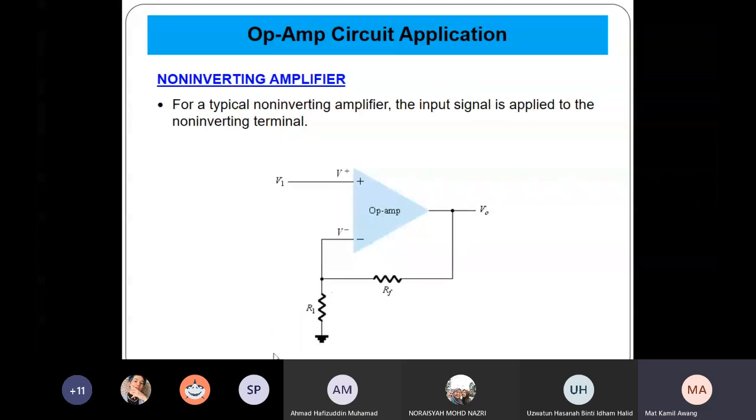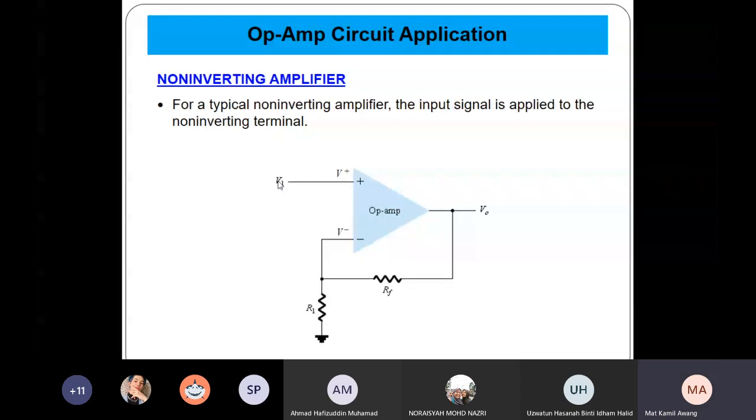And still, you have the negative feedback circuit. It doesn't change. The only thing that changes is that the inverting input, you ground, and the non-inverting input, you put the signal input that you want.